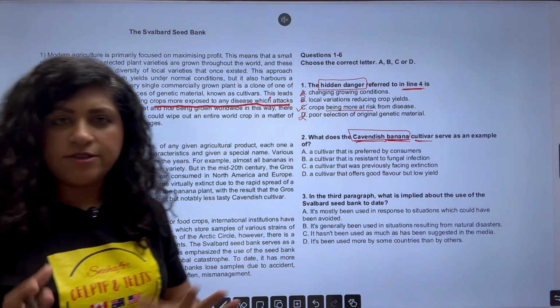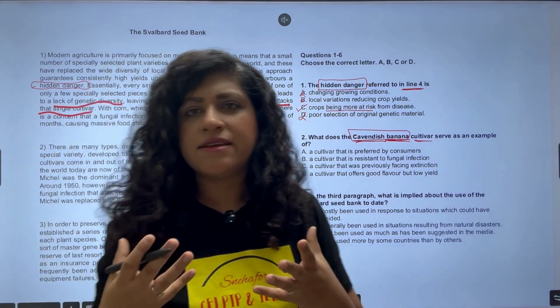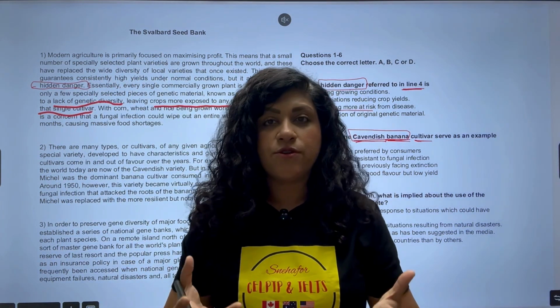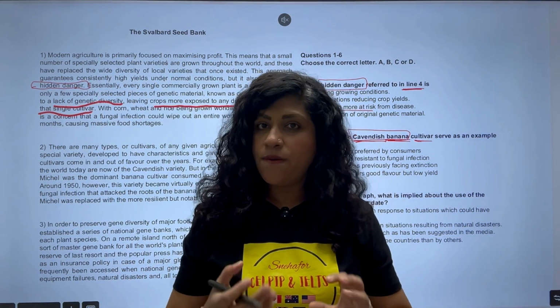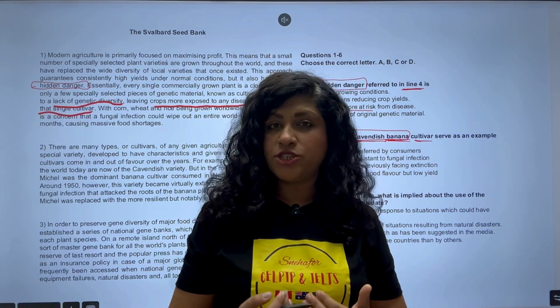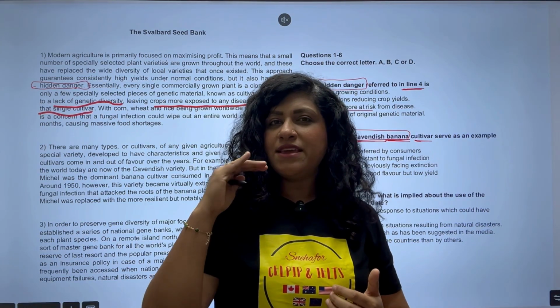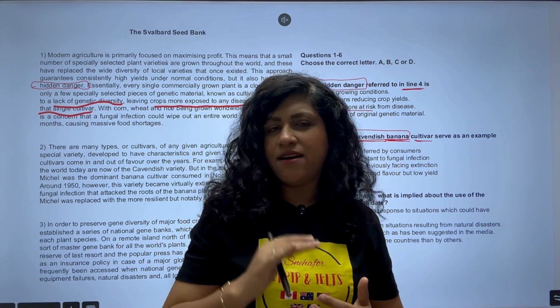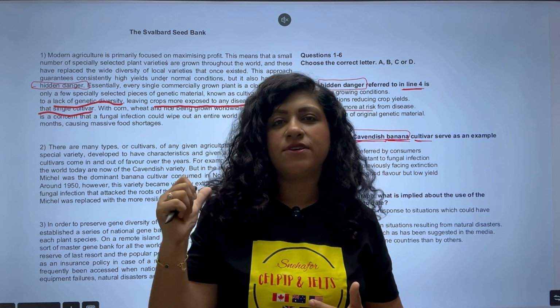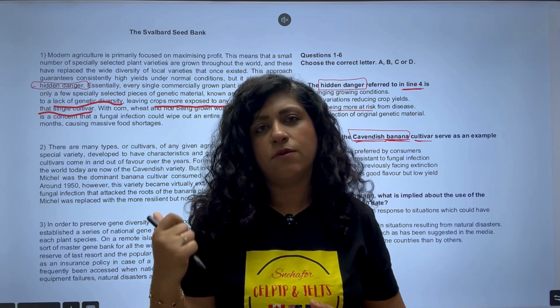Now, also you have to keep in mind that MCQs follow the order of the text. So my information related to question number 2 will be in the lines under the sentence where I found the solution for question number 1.